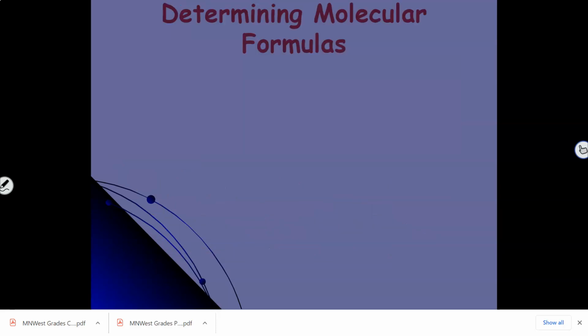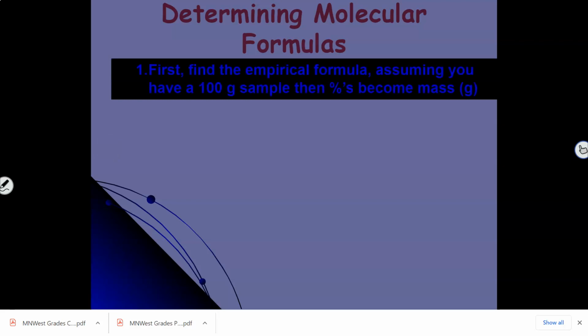It looks like this. So to figure out the molecular formula, first we got to find the empirical formula, which we just did. And when they give us percents, if you assume that you have a 100-gram sample, then the percents become masses.